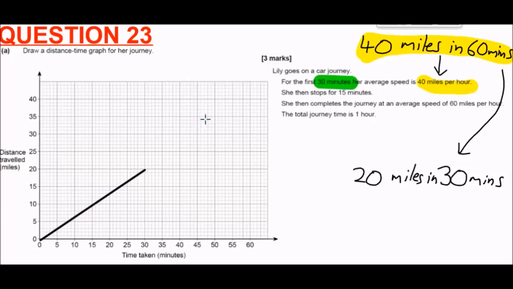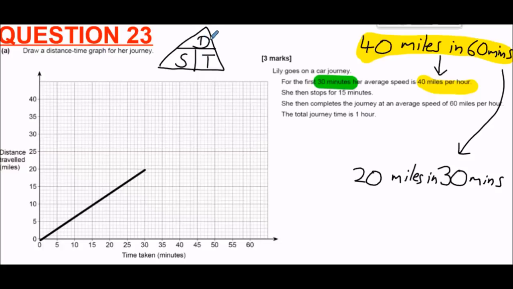Now you could, if you wanted, use a speed, distance, time triangle for this one. You wouldn't have to, but just to recap what I mean by speed, distance, time triangle: speed, distance and time. What you want to work out, you cover up. For this one, we know the time she's travelling for, and we know her speed.